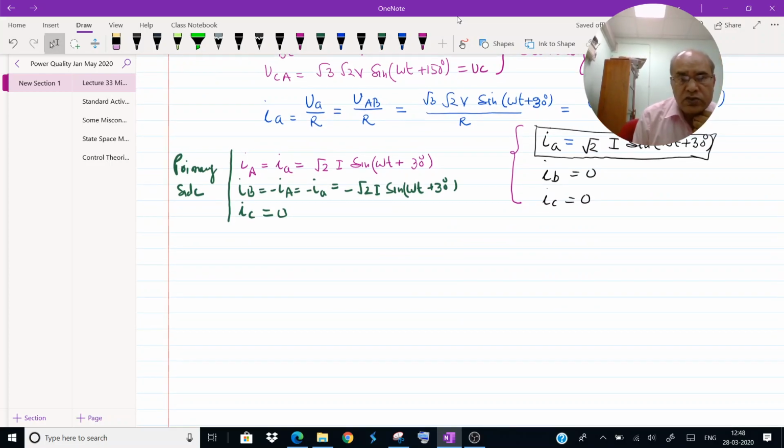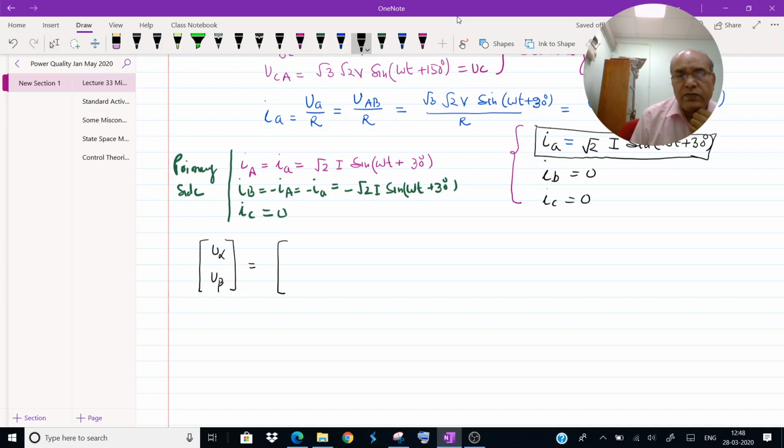So now let us proceed. So we know IA, IB, IC. So let us now find out what is I alpha and what is I beta. I0 is 0 anyway because this is a three-phase, three-wire system. Correct? We will find out first V alpha and V beta, primary side.